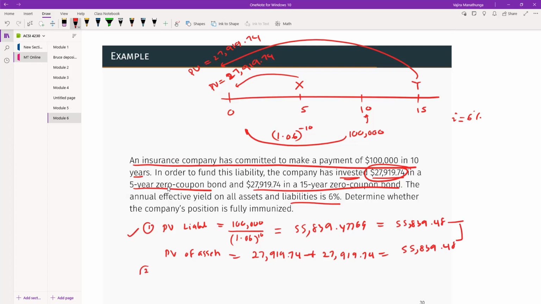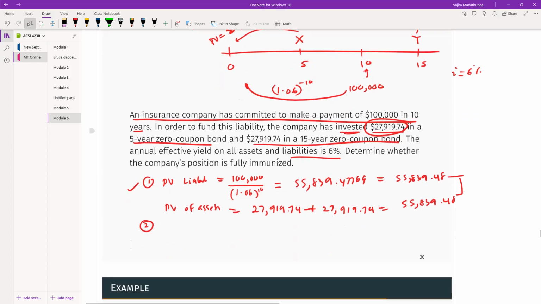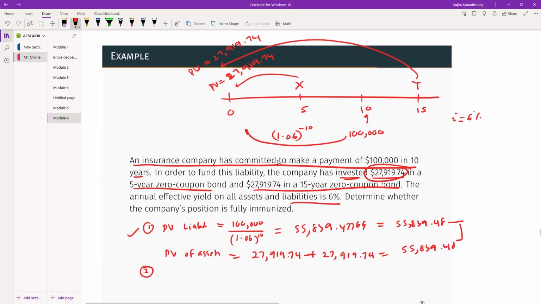Let's go to second condition. Let's take the duration. So the duration of liability, you can take the modified duration, which is easier in this case. So duration of liability is 10 because only one cash flow.